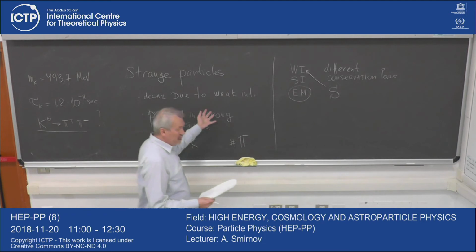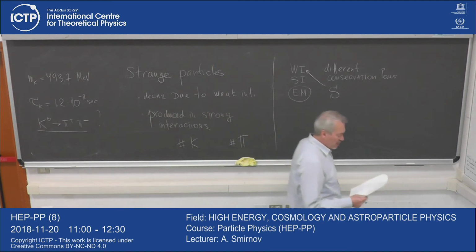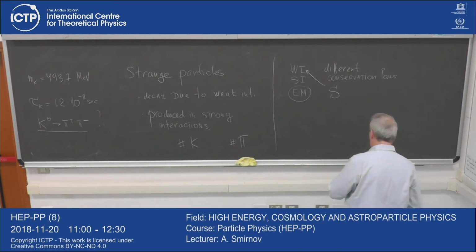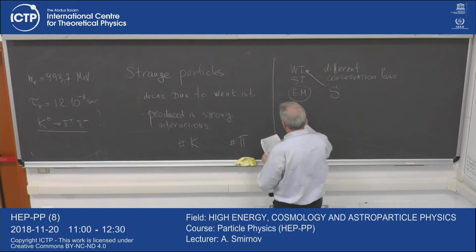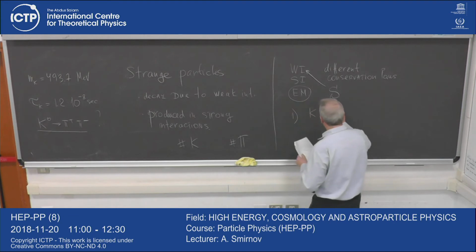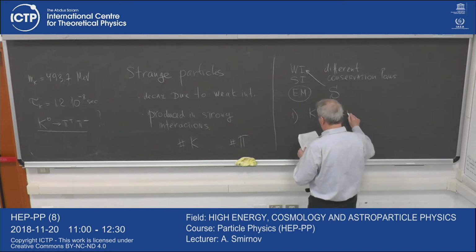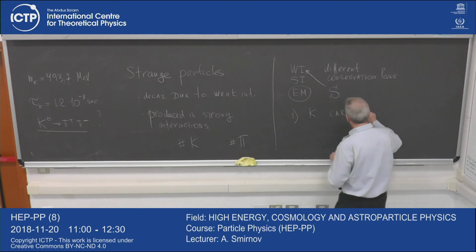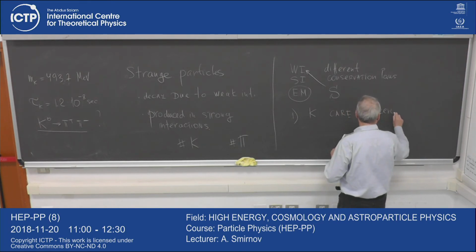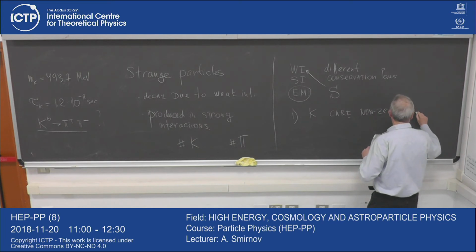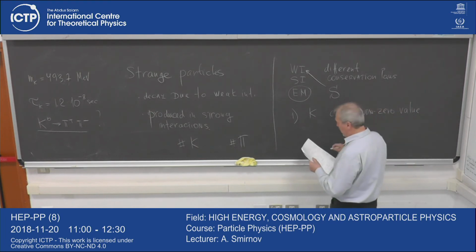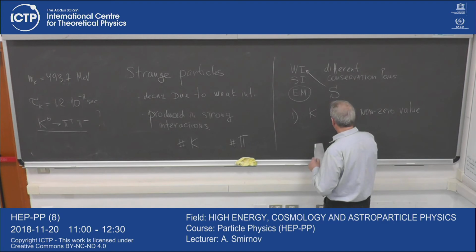So the interpretation or explanation of these strange properties is the following. K mesons carry a non-zero value of some new quantum number, which is called strangeness.